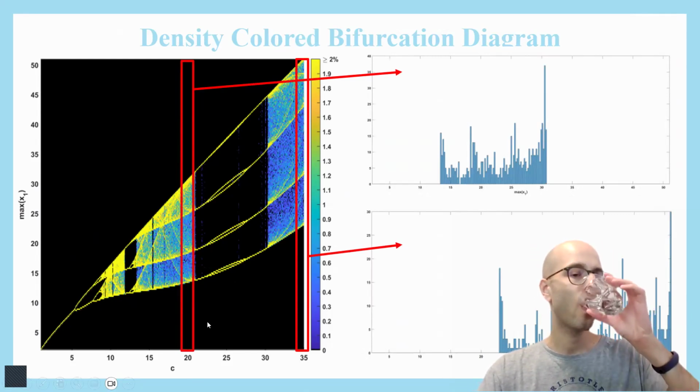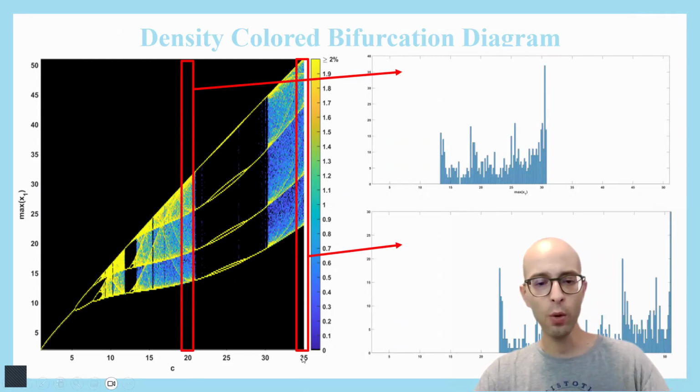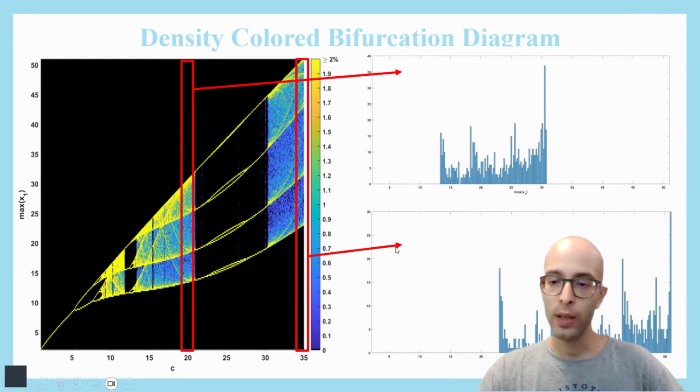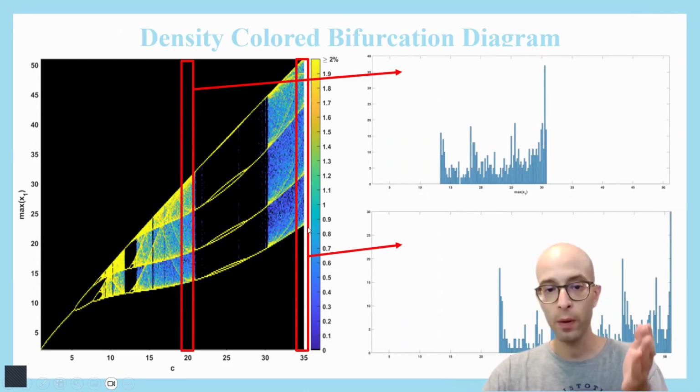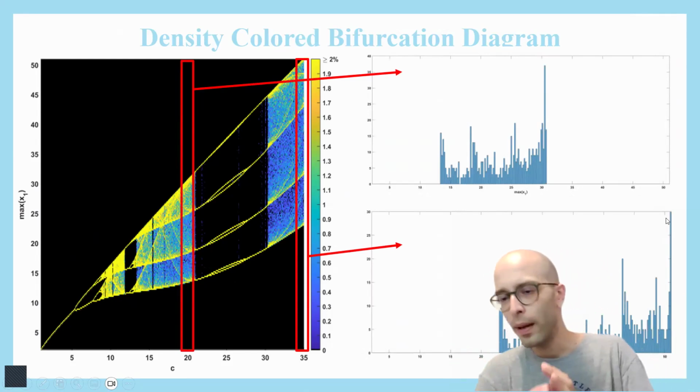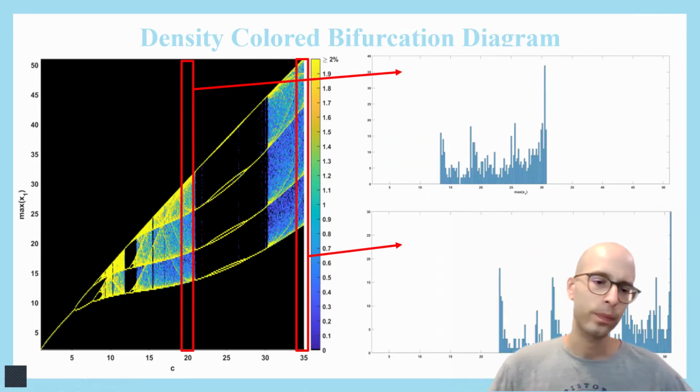So for example, for c equals 35, we see the histogram right here. And as I told you, we have 1, 2, 3, 4 distinct peaks right here, right here, right here, and right here. And it's slightly more skewed to the right.